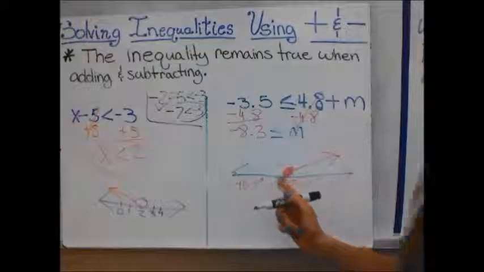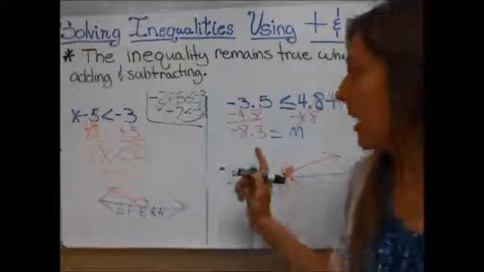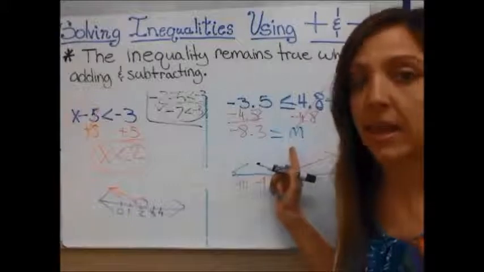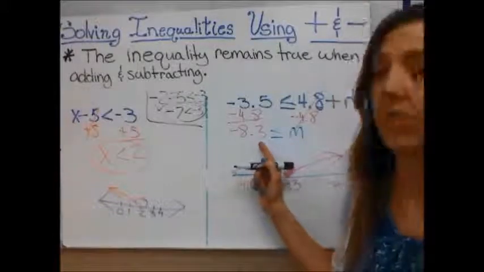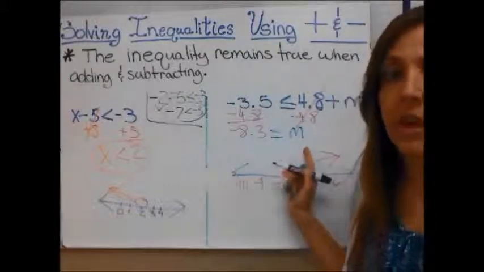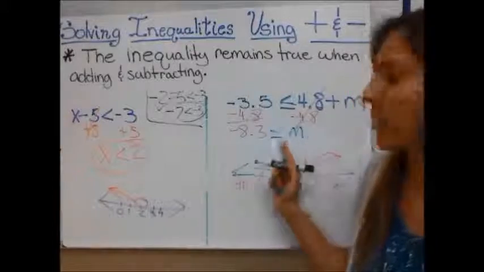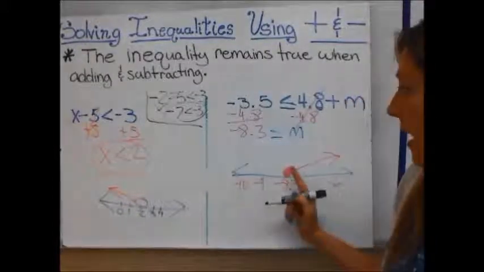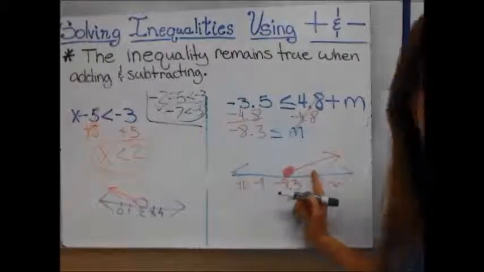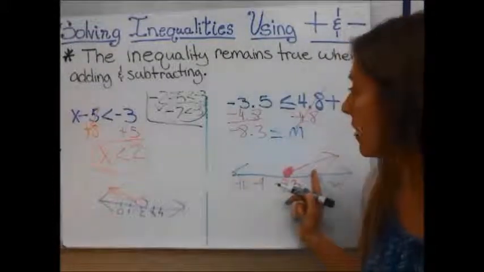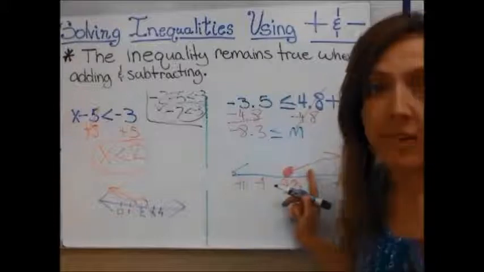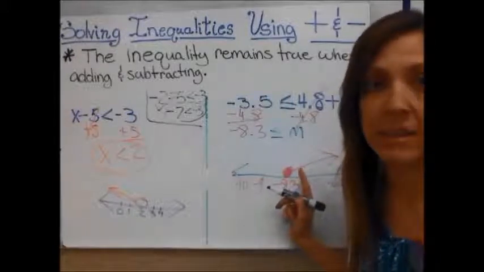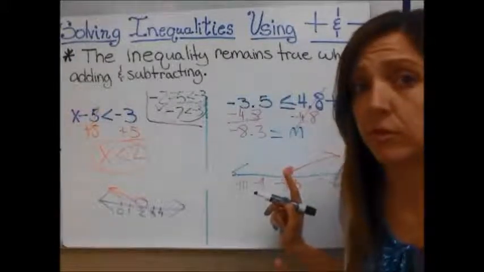So let's look at this one. For this inequality, we got -8 3/10 is less than or equal to m, and m is greater than or equal to -8 3/10. We graphed m as greater, so I'm going to choose a number that's greater than -8 3/10. I'm going to choose an easy number, a positive number. Let's just choose 2.